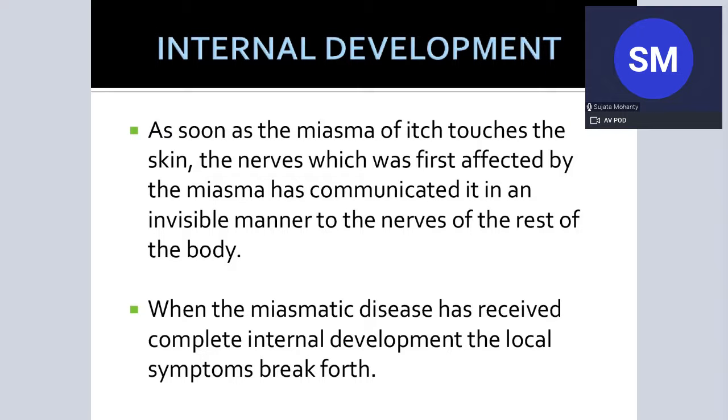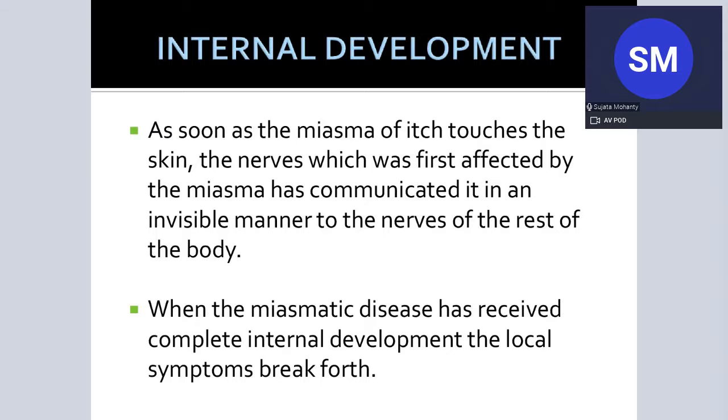Then internal development. As soon as the miasm of itch, that fluid of the itch vesicle, touches the skin, the infection does not remain a local infection. The nerves which are first affected by the miasm communicate it in an invisible manner to the nerves of the rest of the body.